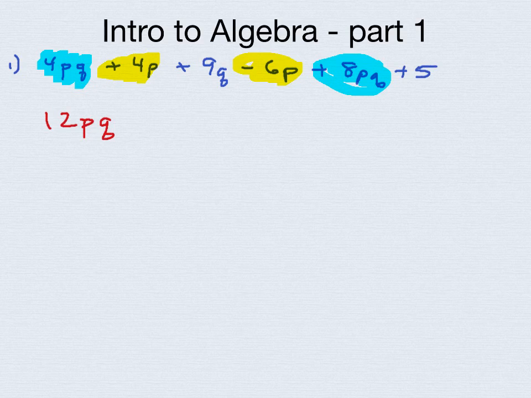Just like if you add two apples and 4 apples, you're going to get 6 apples, you're not going to get apple pie. 4p minus 6p, 4 take away 6 is going to give you minus 2p, and all those terms are dealt with, and what's remaining is the 9q, which is a positive, and the 5, which is a constant. And that's the answer for question number 1, simplified.